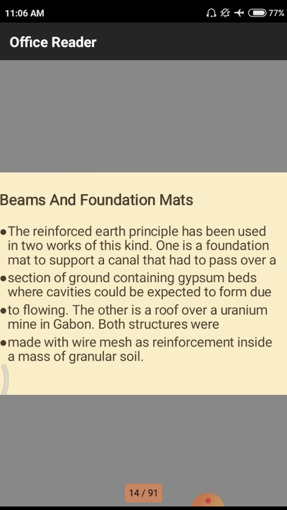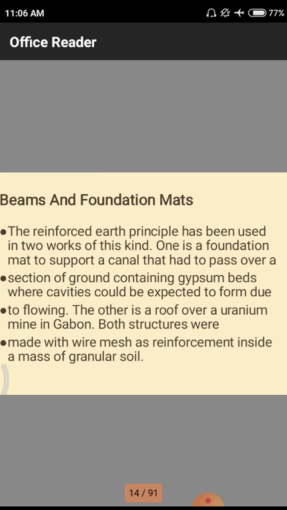In these examples, mostly we observe two case studies. The first is related to normal reinforced earth with some foundation work, but the second is related to foundation work at this uranium mine. In the first topic, the foundation was a mat foundation or raft foundation.